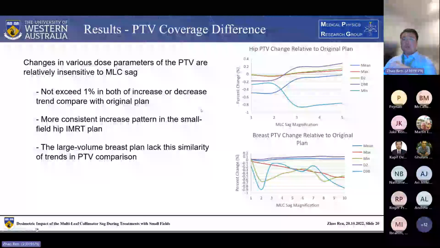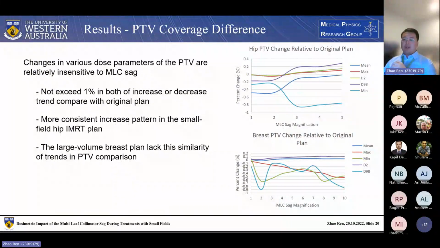For the results, first, for the PTV coverage difference, in these 2 figures I calculated the mean dose, max dose, and the D2 and D98 dose percentages together. The changes in various dose parameters in the PTVs are relatively insensitive to the MLC sag.